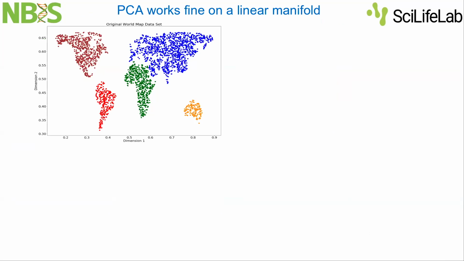And also, just to reiterate, PCA works on what is called linear data. Here I'm just showing one simulated ground truth. I'm simulating cell populations which look like continents. And since I simulate them in a world map fashion, I have some feeling about the distances between the continents. I can now apply PCA, TSNE, and UMAP and see how much they perturb the distances between the continents.